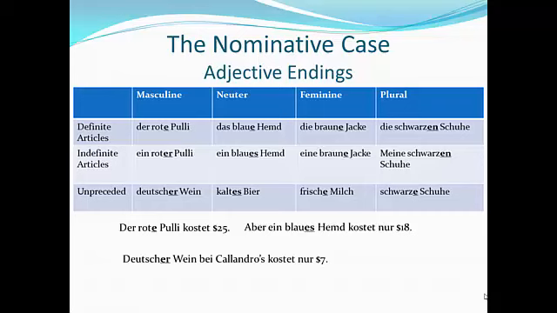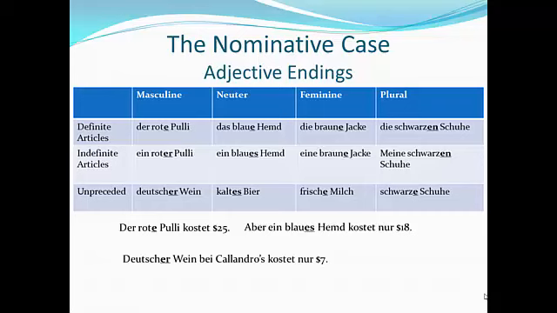The same adjective ending is also seen in the neuter and feminine genders in the singular, das blaue Hemd and die braune Jacke. Attributive adjectives that follow definite articles and precede the noun when in the singular in the nominative case will always end in the letter E.